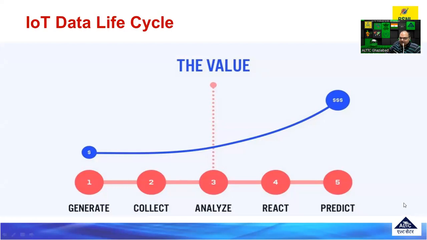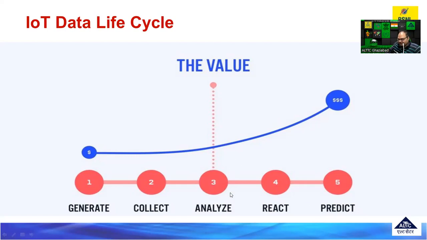In this diagram, React means internal communication. First of all, IoT generates the data, then it collects the data, then it sends it for analysis. After the analysis, it finds something is missing or something is illogical, because AI is here also.